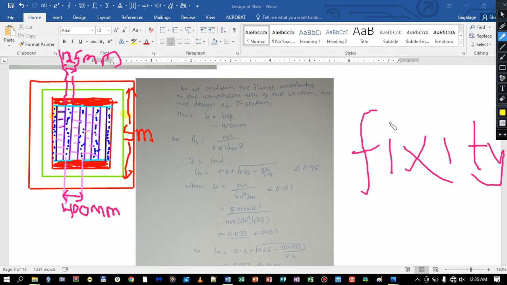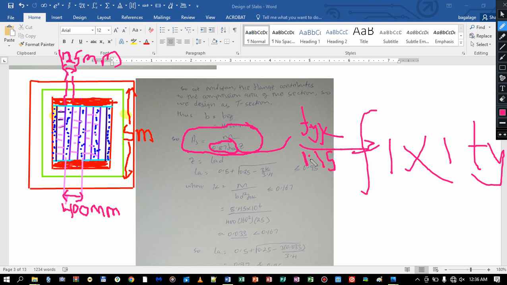The area of steel required will be our design moment divided by 0.87 fyk times z. This is also the same as fyk over the material factor of safety.